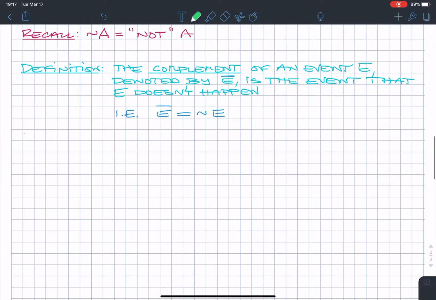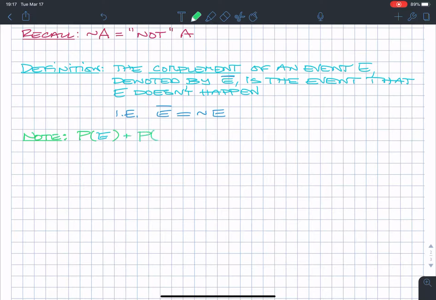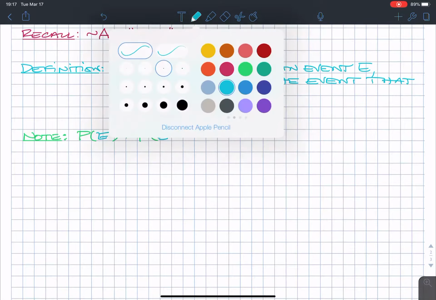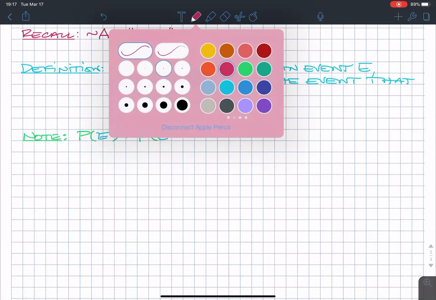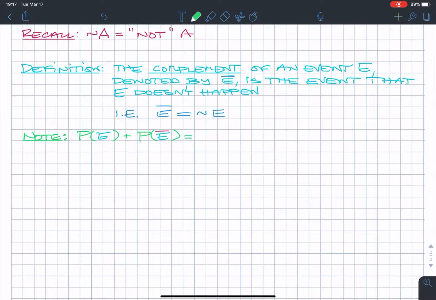And let's also note that the probability of event E plus the probability of the complement to E, let me do this in red like I did the not before, is always going to be 1 because they're non-overlapping events.